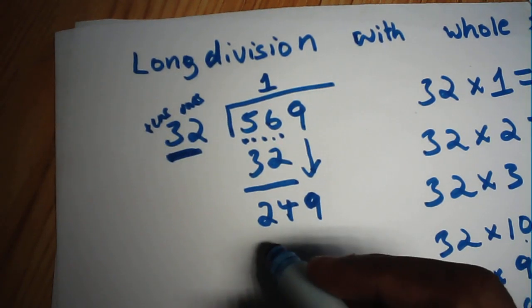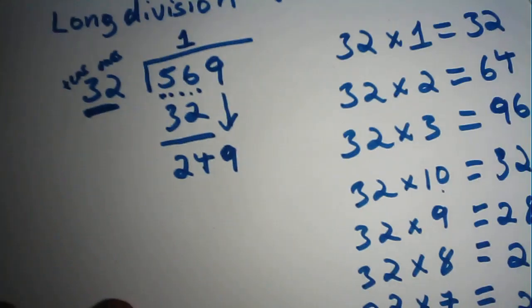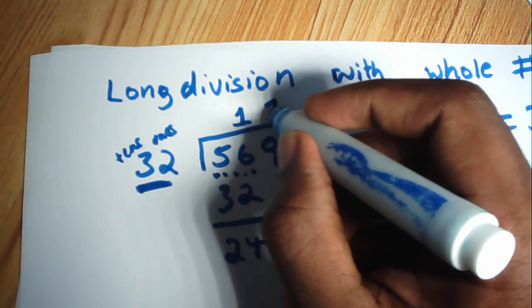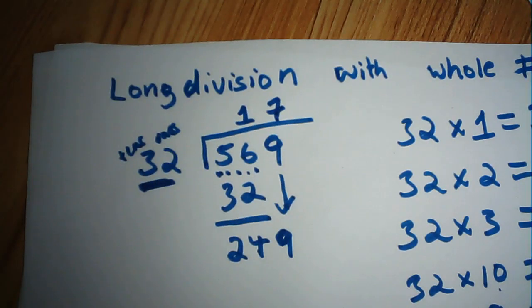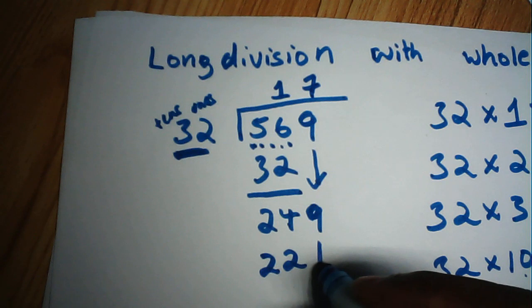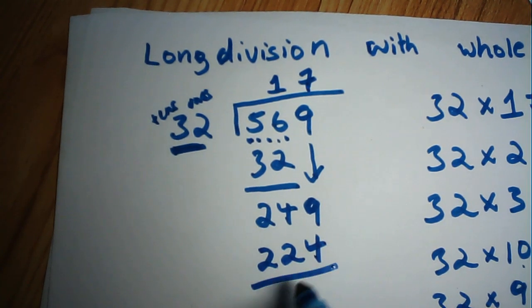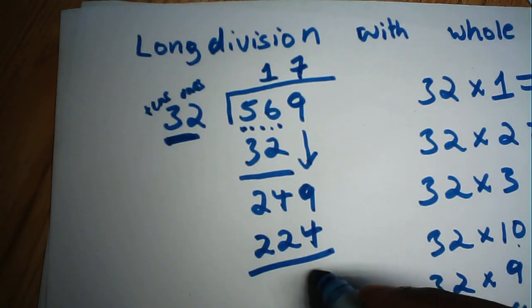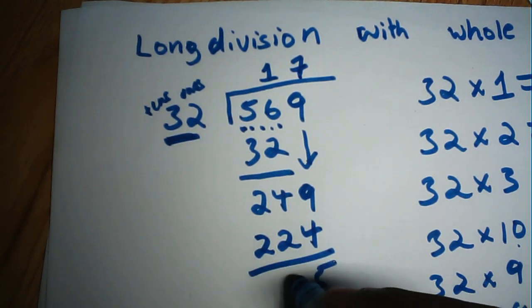So now let me use that 224 there. Remember that it's 7 times 32 that would give me that 224. So I end up putting 7 here. And now I end up subtracting this 224 from here. And when I subtract that, I end up with 5 here and 2 here.